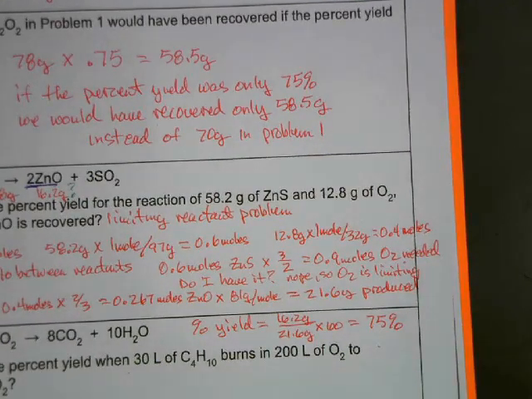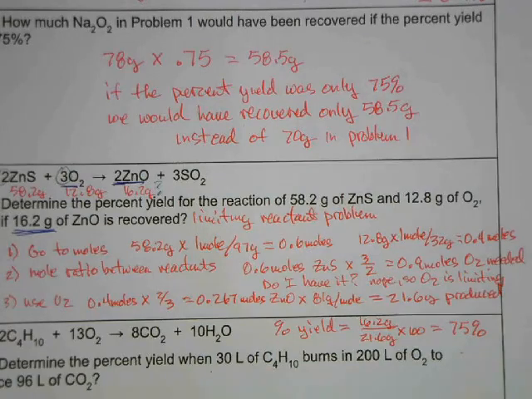So that one I had to do pretty much everything. Do a stoichiometry problem, do the fact that it was limiting because they gave me both amounts, and then figure out the percent yield at the end.